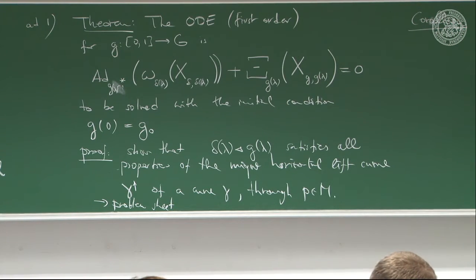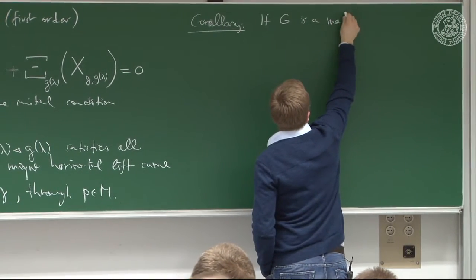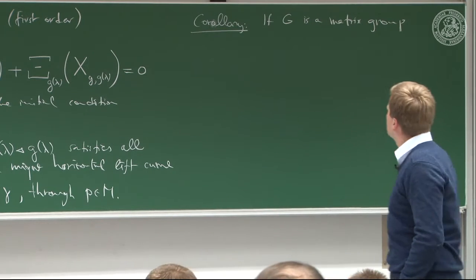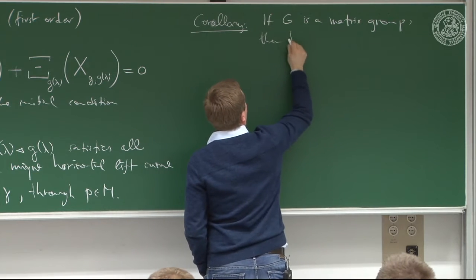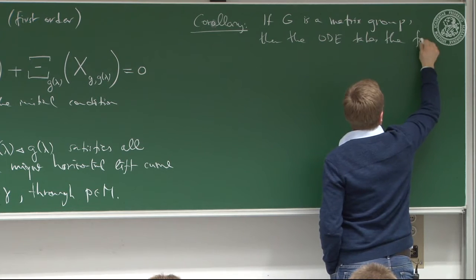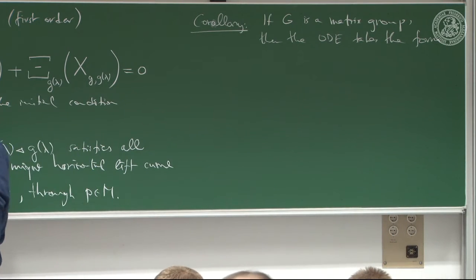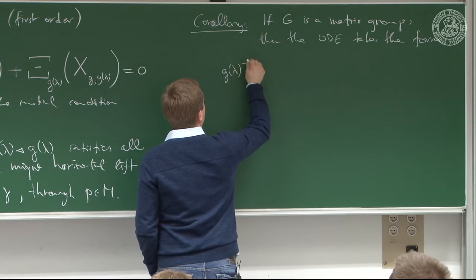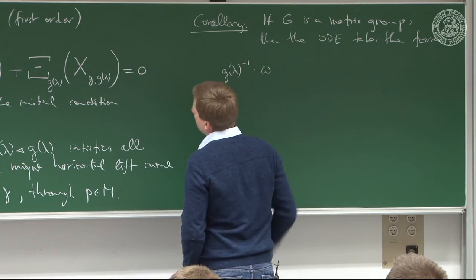This corollary is that if G is a matrix group, so some subgroup of some GL, then the ODE takes the form, so we remember that the push forward here simply amounted to taking the matrix and multiplying it from the left to the one-form field.